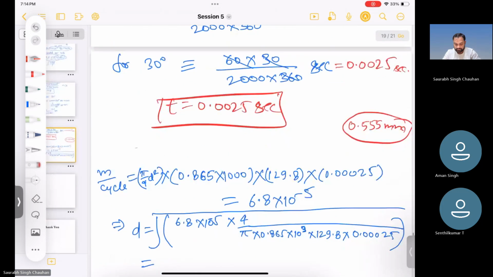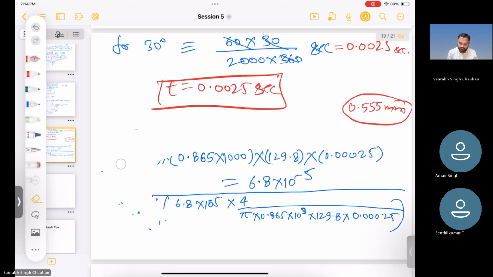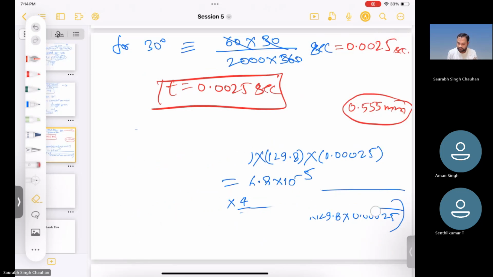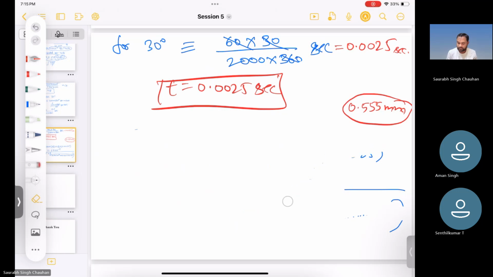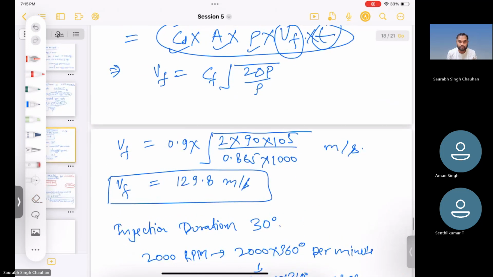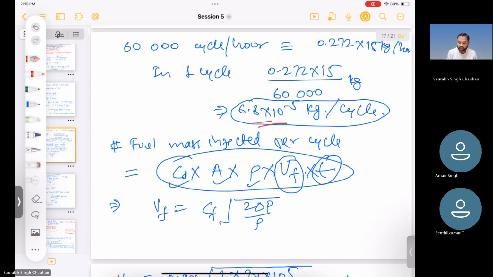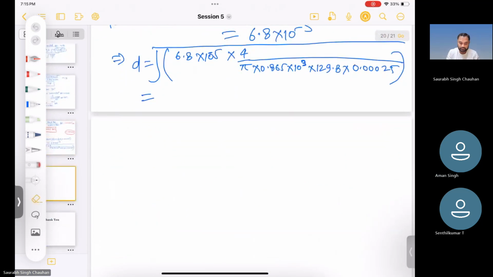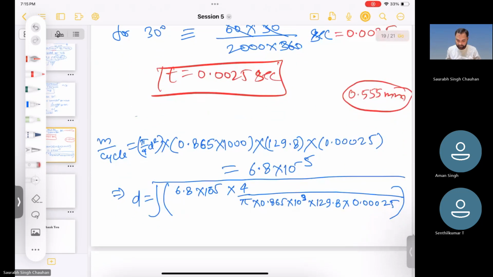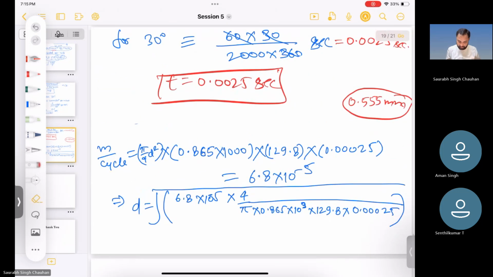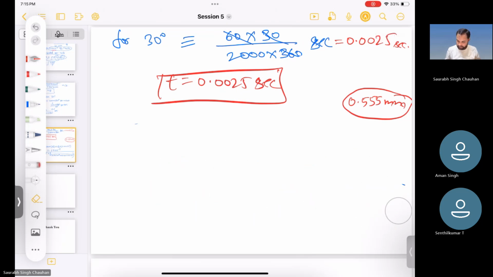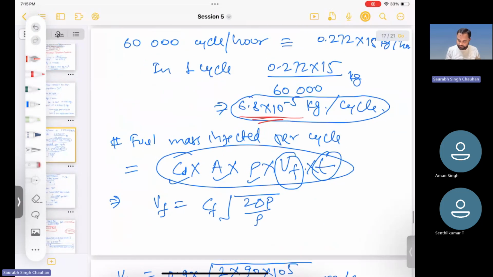Okay, now let us do it. This is correct. 6.8 into 10 to the power minus 5.